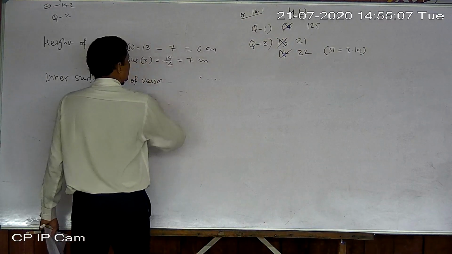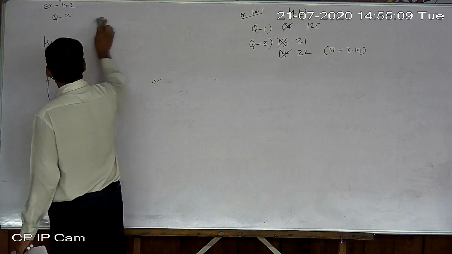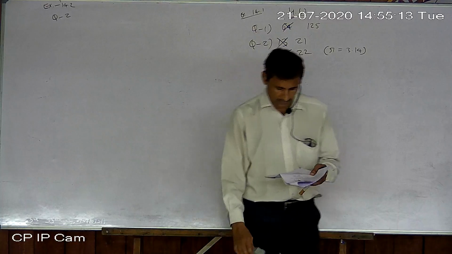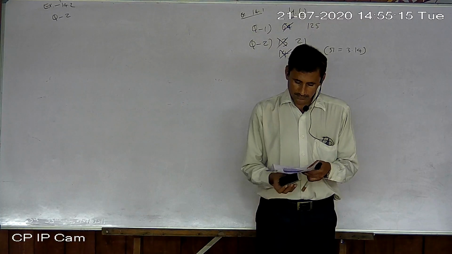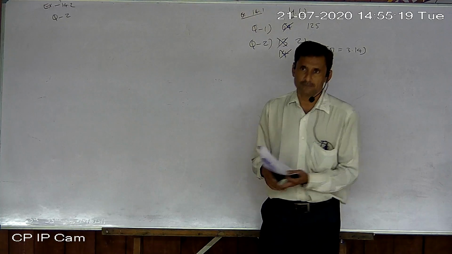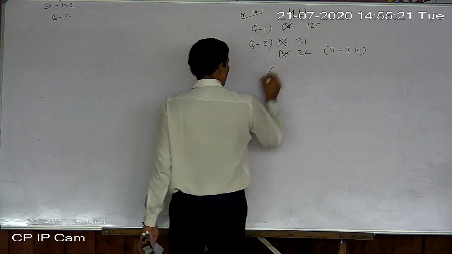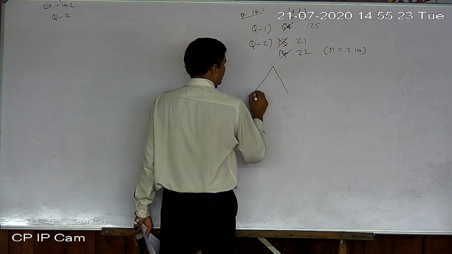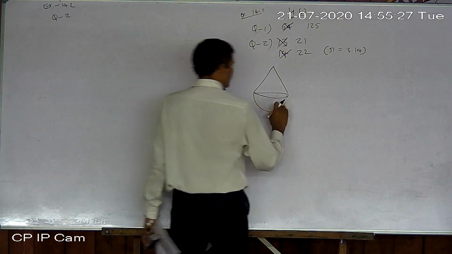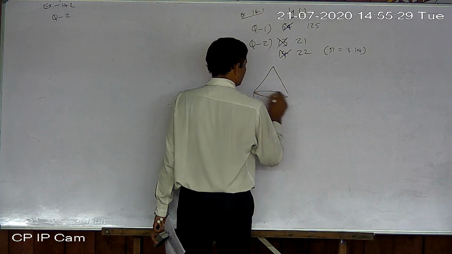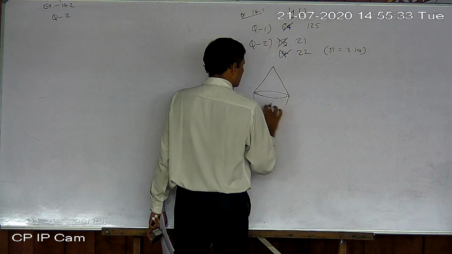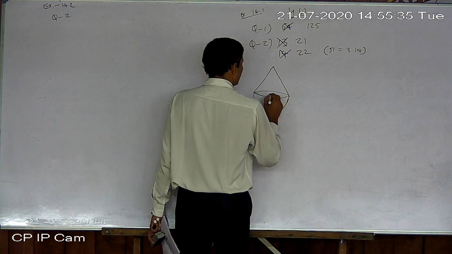Here is hemisphere with cone. Again look, a toy is in the form of a cone of radius. Cone is given, mounted on a hemisphere. So cone is mounted means cone is kept on hemisphere. Okay, so that is our thing. This is r.